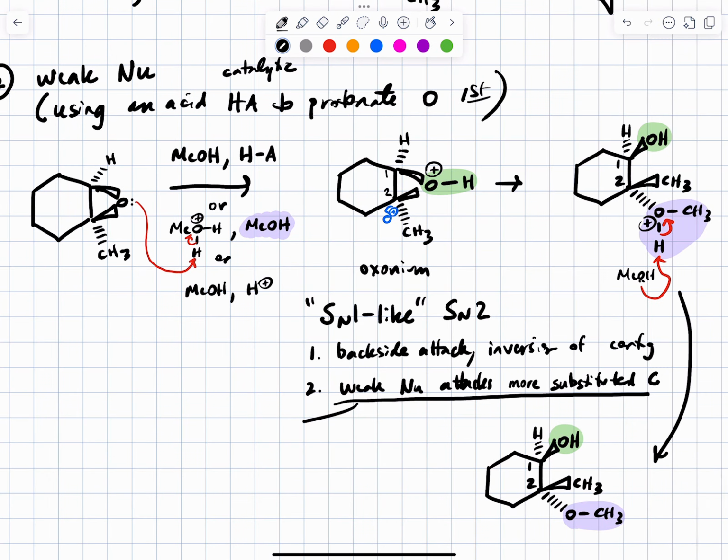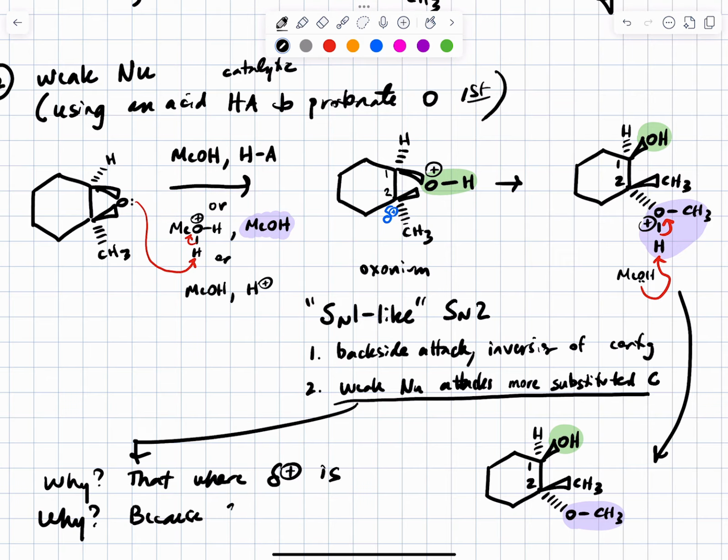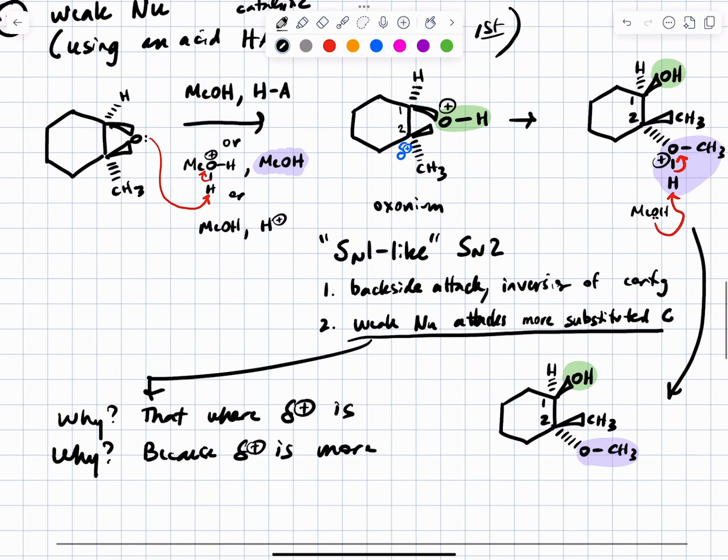So why does the weak nucleophile attack the more substituted carbon? Because that's where the most partial positive charge is. Why is that? Because it's more stable there. Because the delta plus is more stable on the more substituted carbon.